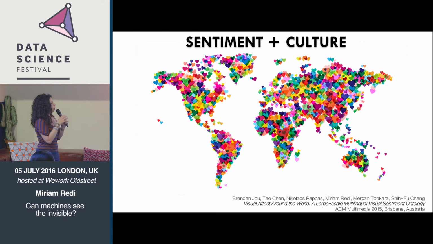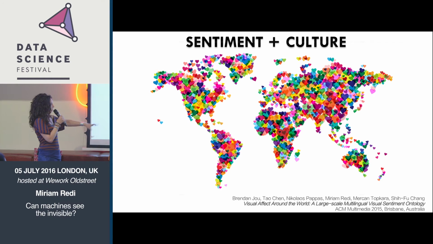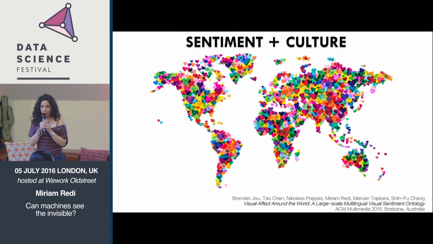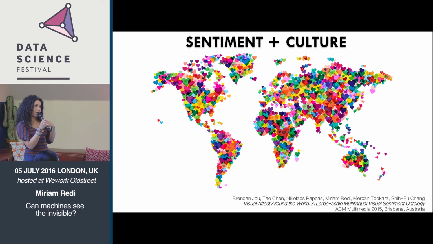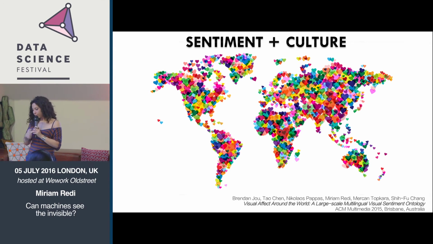And so we teamed up with researchers from Columbia University, IBM, EPFL, and a number of other institutions, and we built a framework that allows us and the whole community to study the impact of culture on visual emotion perception.